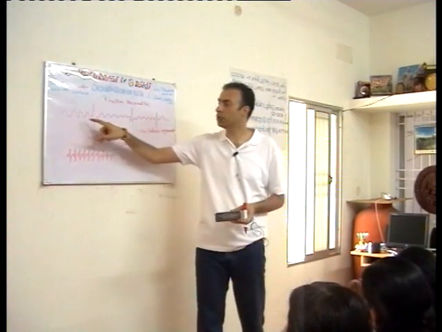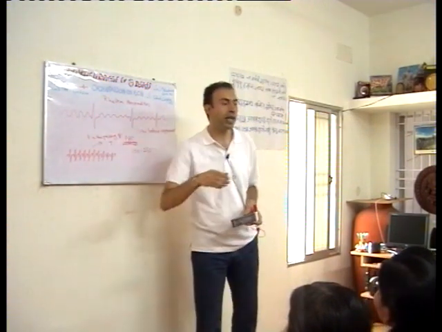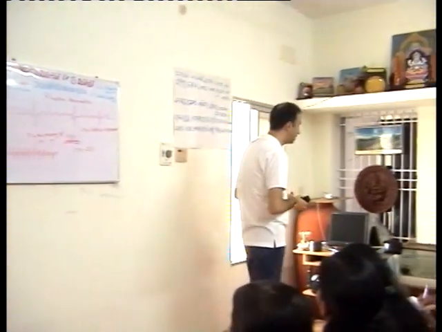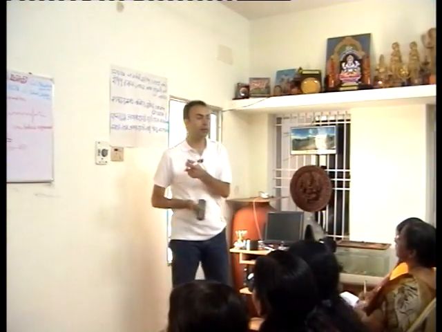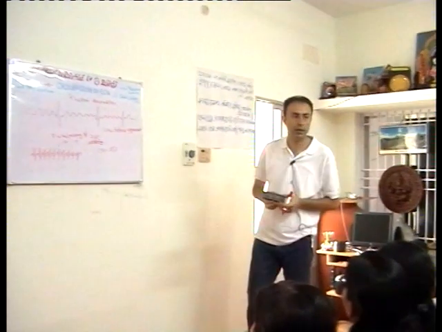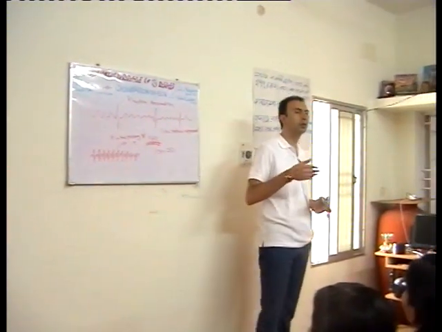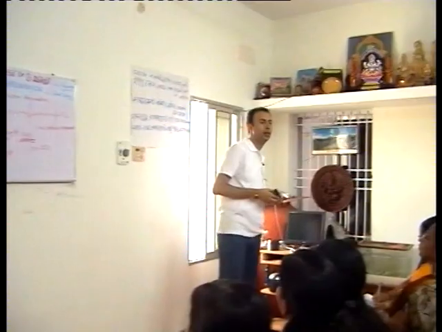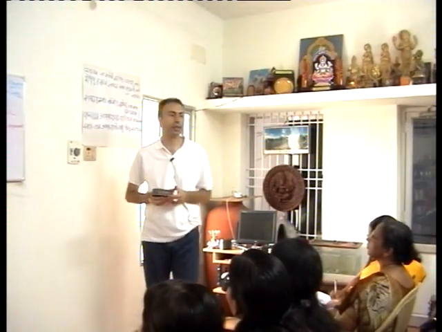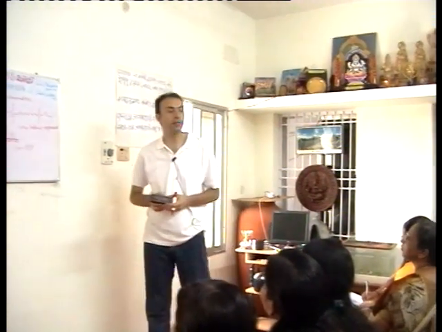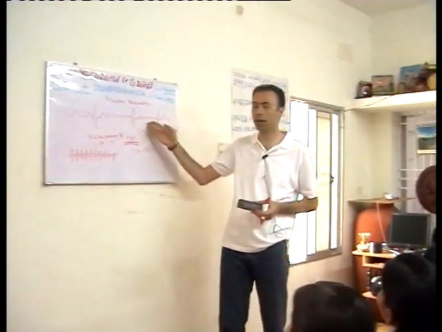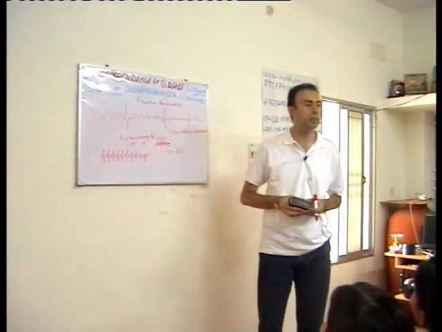We should do something about it and change the rhythm. Sometimes they do DC cardioversion, this electrical shock. Sometimes they use other drugs like propranolol, beta blockers, calcium channel blockers like verapamil. These are the drugs most commonly used for this condition. Adenosine can be used.